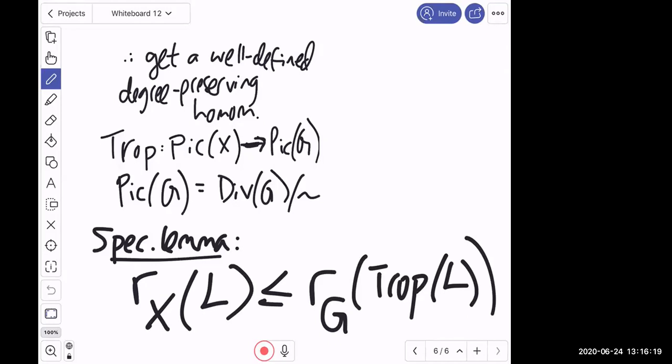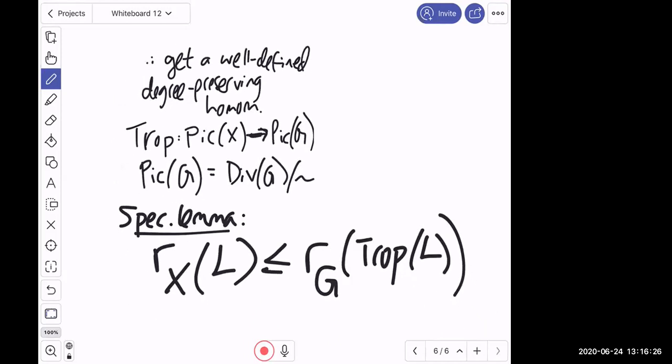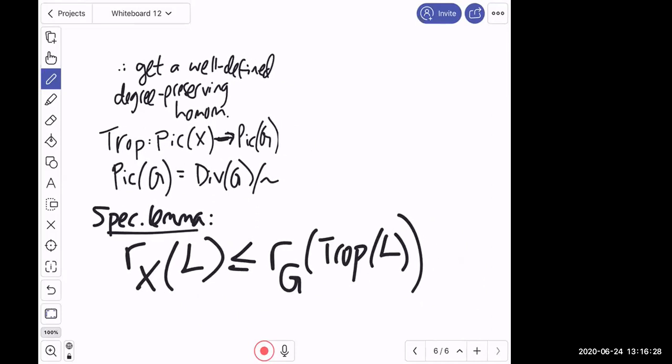I'm not going to give a proof, but it's not difficult. It's just really an observation using the definitions, but it has some interesting consequences that I want to talk about.